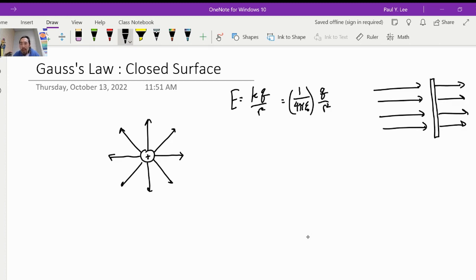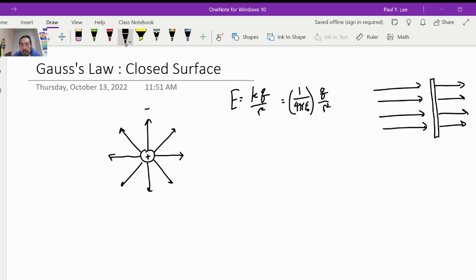But here we have E fields going everywhere. We could draw a window like this, but that would capture only some of the E fields, so that doesn't really work. So what we're going to do, through the power of calculus, is draw one teeny tiny window right there.